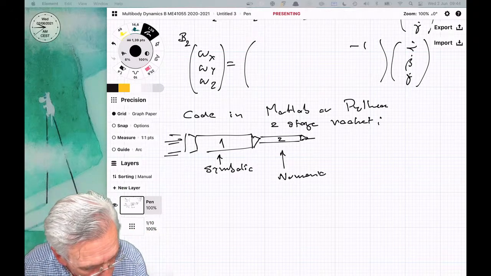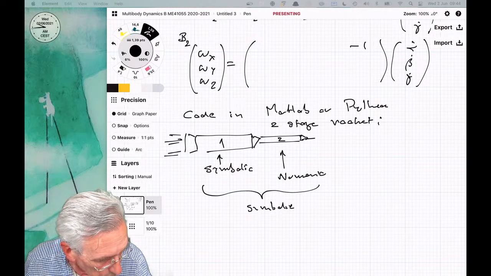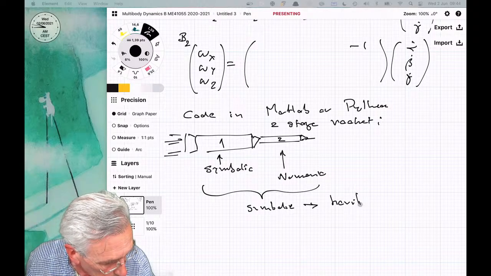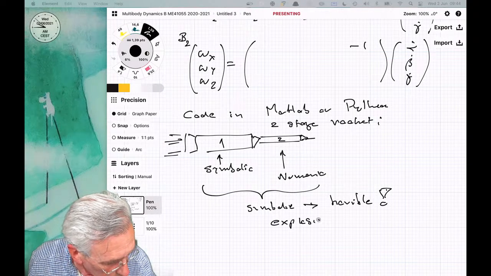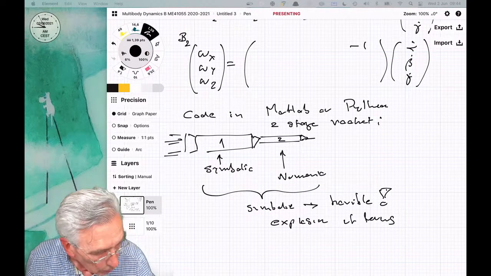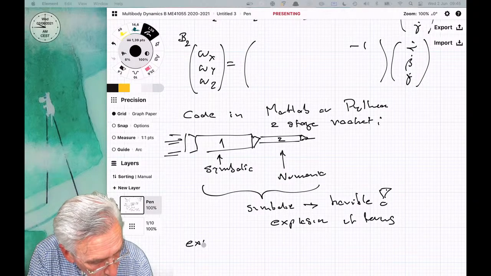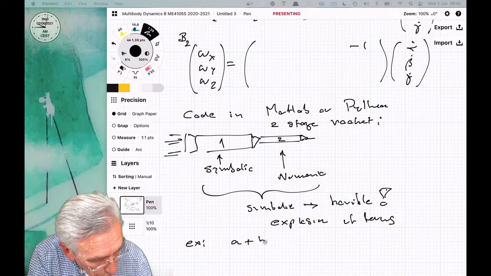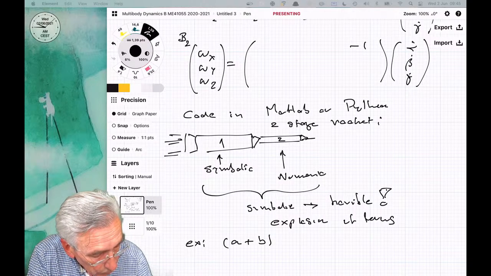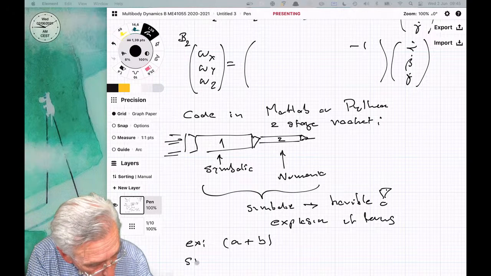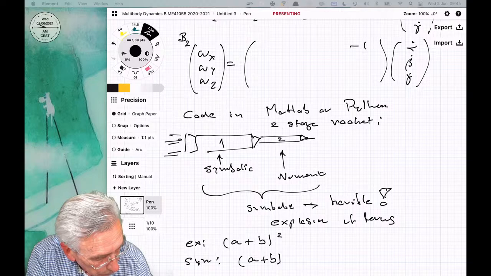Because you do not want to do everything symbolic, then the result is horrible. You get an explosion of terms. Most of you have seen that also in the homework. So as an example, if you have A plus B and you do that symbolically, you get A plus B, and then you square it.